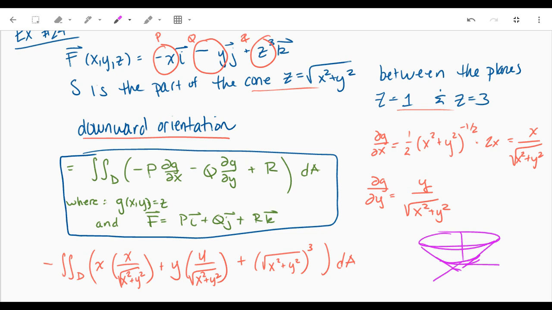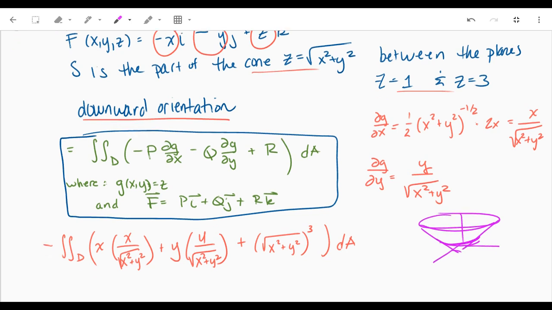Okay, so we can think about this in our xy plane. What we've got is this ring, right? If we were to project this piece of the cone down to the xy plane, we'd have that circle with a radius of 1 and that circle with a radius of 3.